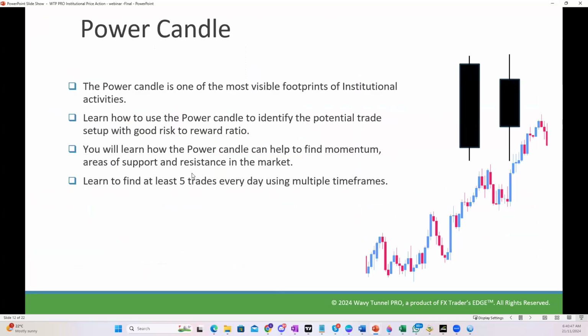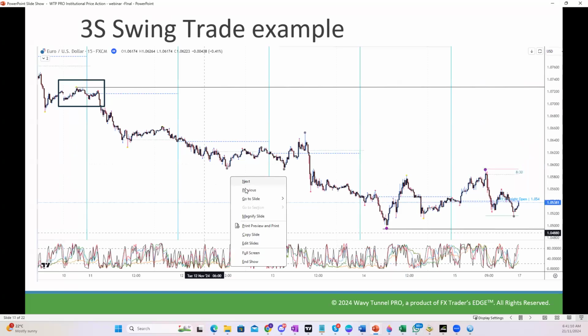Now, the power candles I just mentioned to you guys, the power candle is one of the most visible footprints of institutional activity. So what is the power candle? A power candle is, as I mentioned, a 60% body of the range of the candle. And if you see this in the swing point, let me go back to my swing point chart.